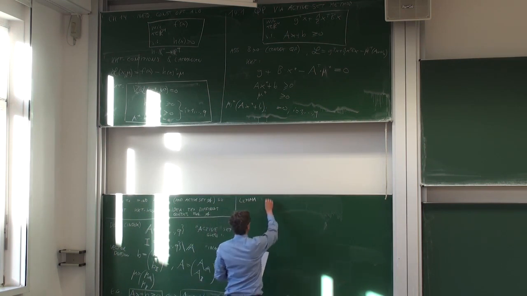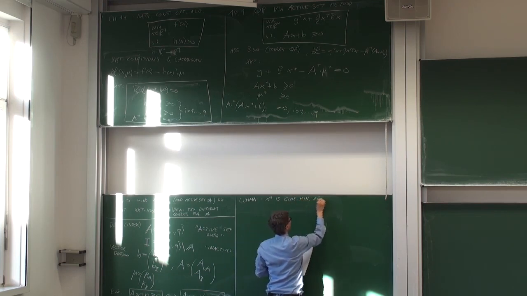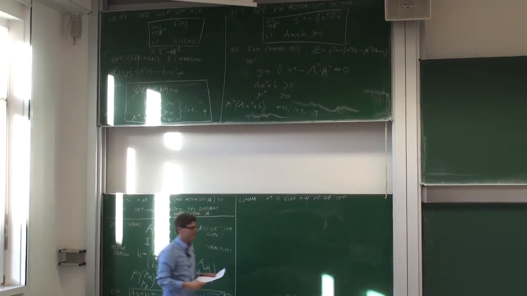So X star is a global minimizer of the QP if and only if. So that was this necessary and sufficient condition for convex problems that we had.